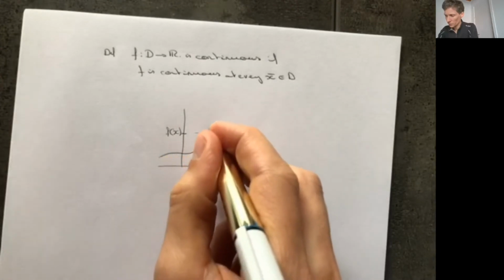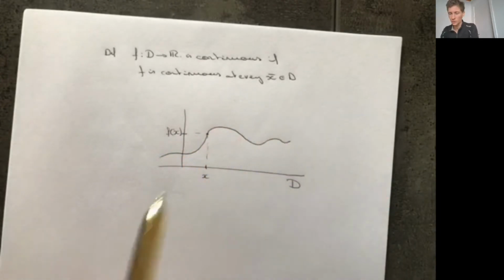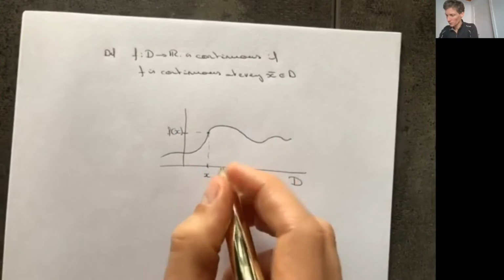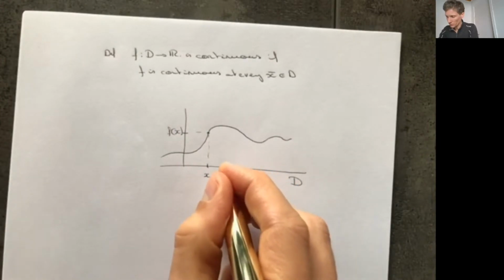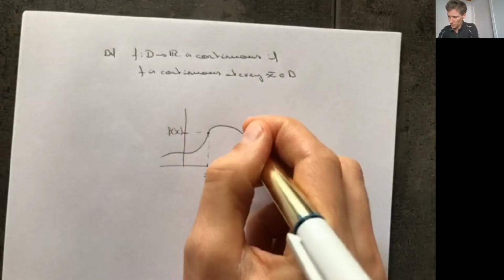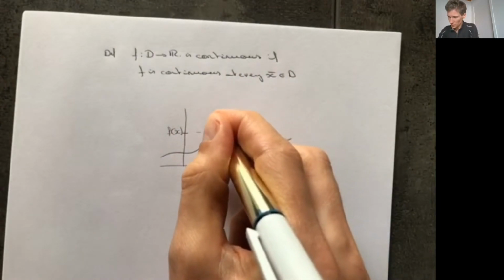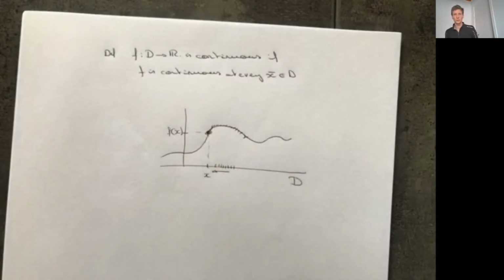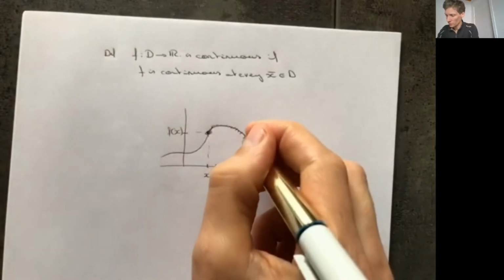Then if you have a continuous function over the domain, this basically means that you do not lift your pen when you draw this function. Okay, so if you have a sequence of values that converge to x, then the function values, these points here, have to converge to this point here. So basically that's the graphical intuition behind continuity of a function.